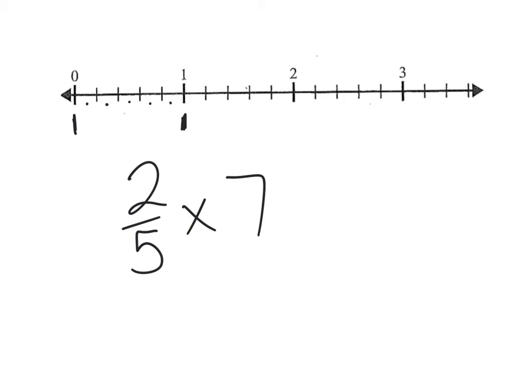I've seen them where they shaded in a rectangular shape where it looks like a fraction strip. Probably how I'm going to do it today, just the easiest way that I could show you on this app that I use, is to make the jumps. But keep in the back of your mind what you're doing here. You're just repeating 2/5 7 times.